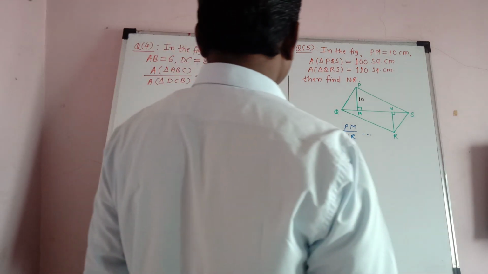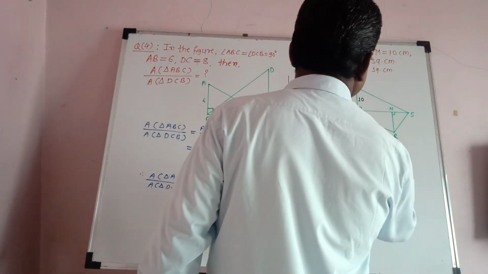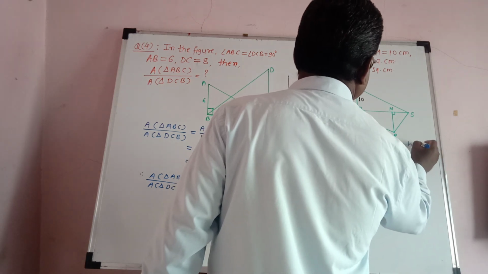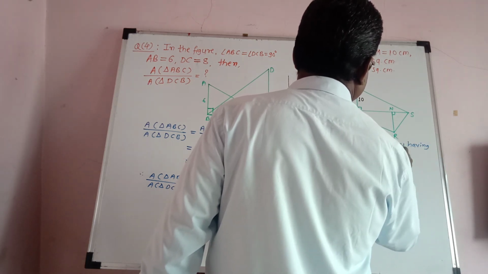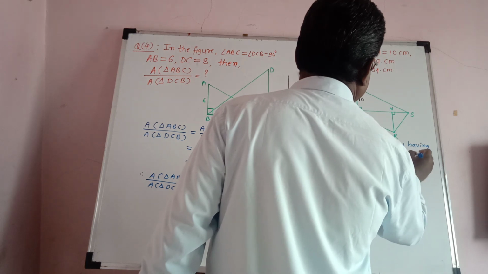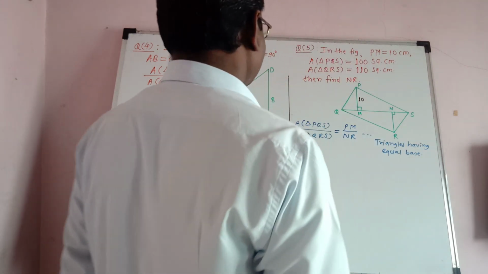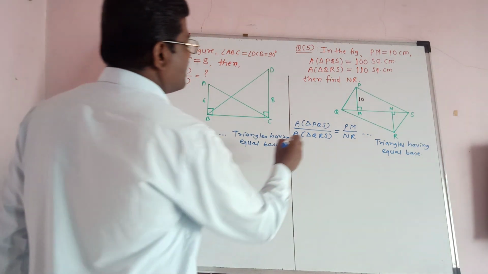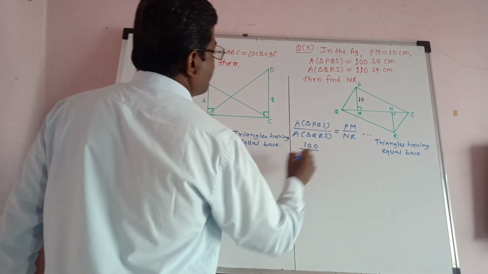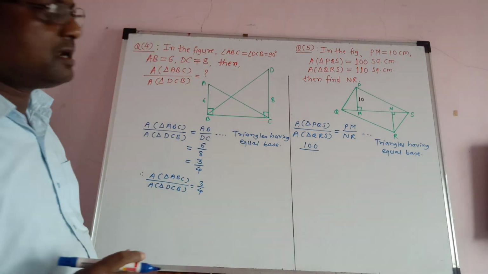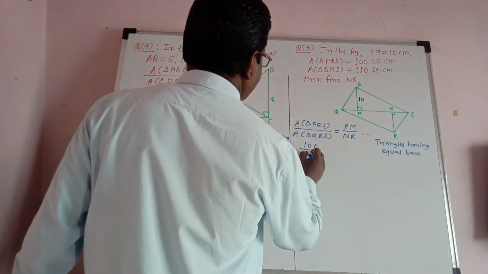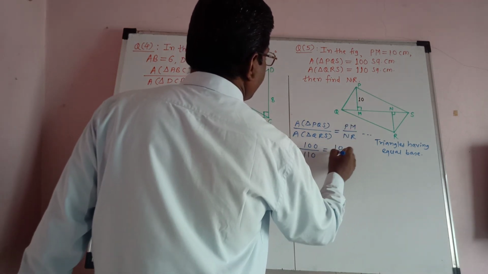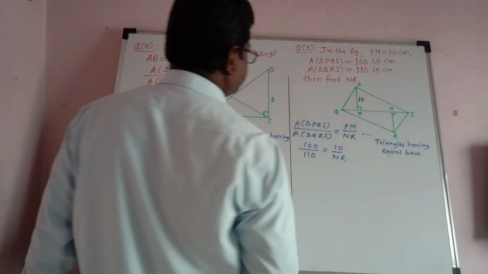Reason is triangles having equal base. Now area of triangle PQS is given here 100 and area of triangle QRS is given 110, is equal to value of PM is 10 and we have to find NR.